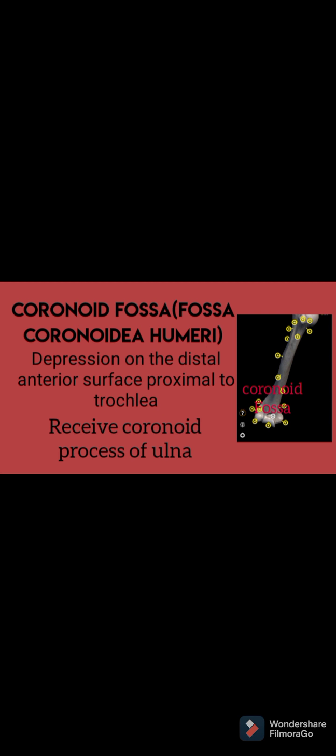There is another fossa on the distal anterior surface of the humerus called the radial fossa. The radial fossa, which is also called fossa radialis humeri, is a depression that is proximal to the capitulum and receives the margin of the head of the radius when the elbow is fully flexed.